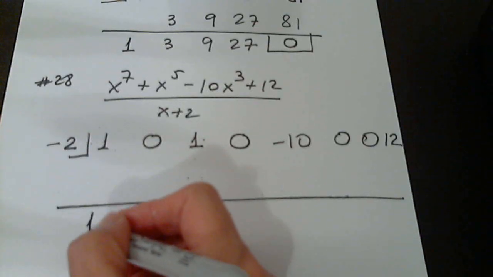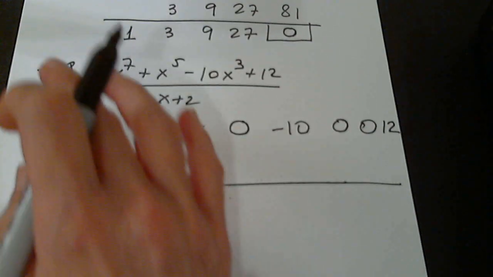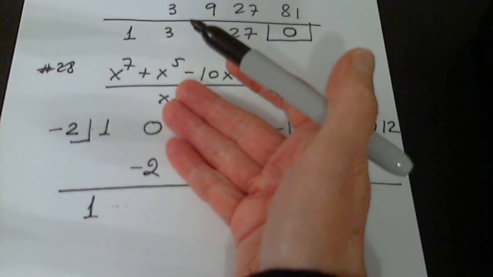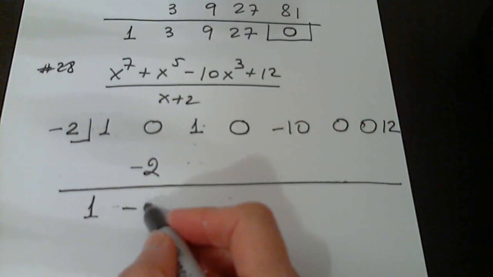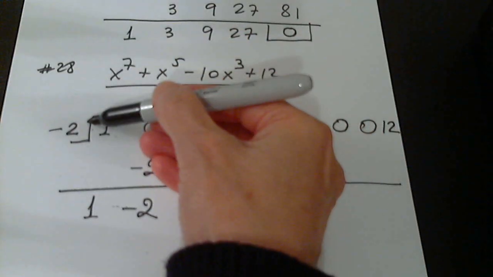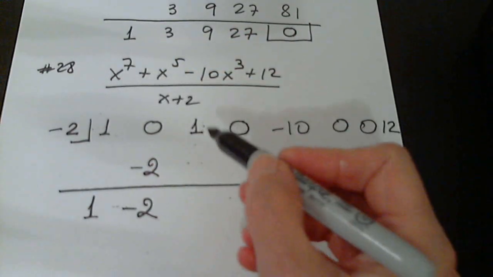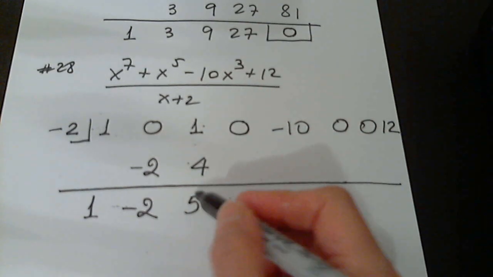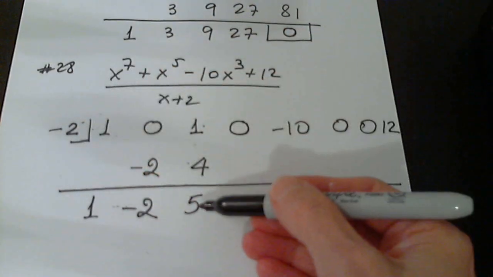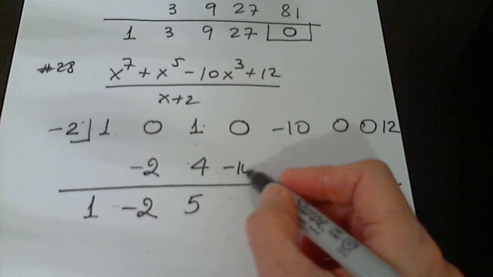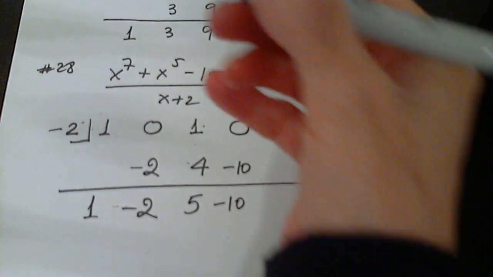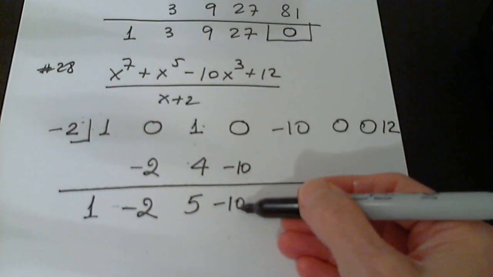1. Negative 2 times 1. 0 minus 2. Negative 2 times negative 2. 1 plus 4. Negative 2 times 5. 0 minus 10. Negative 2 times negative 10.